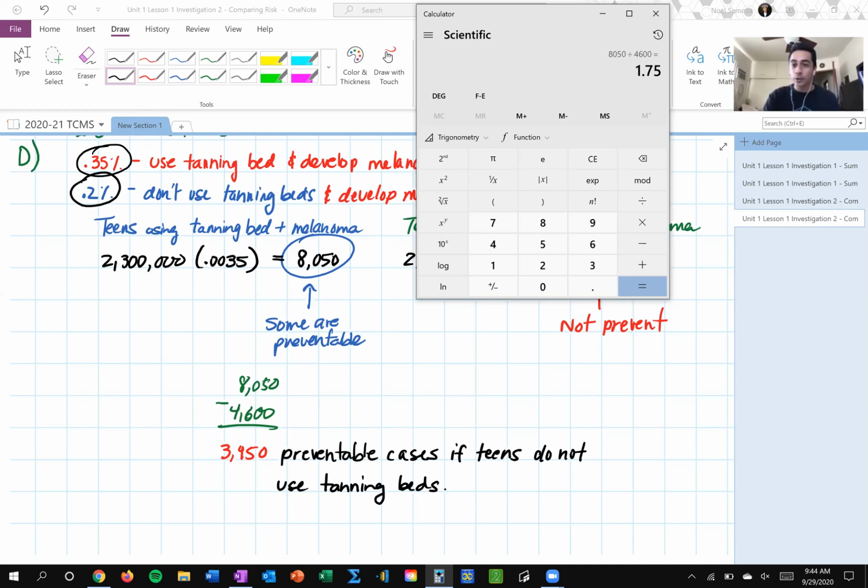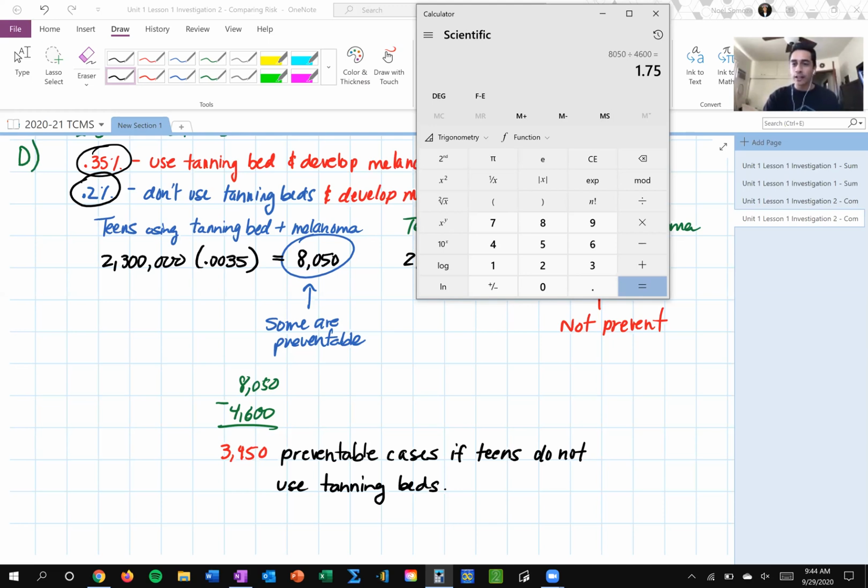So that number shows up again, but it wouldn't make sense to say that 1.75 cases are preventable, because you can't have 0.75 of a person. And to say that you only prevented one case and then 3/4 of another person doesn't make any sense, does it?